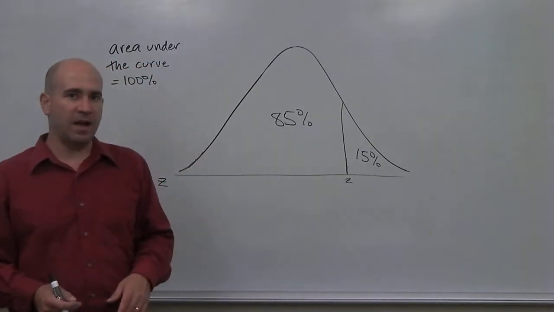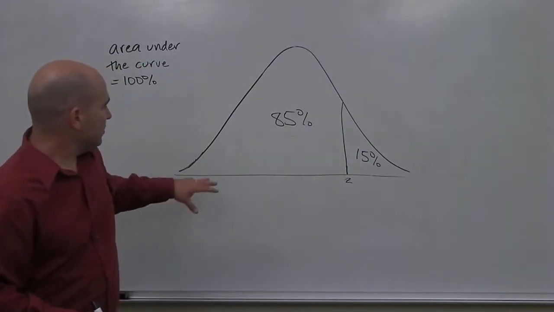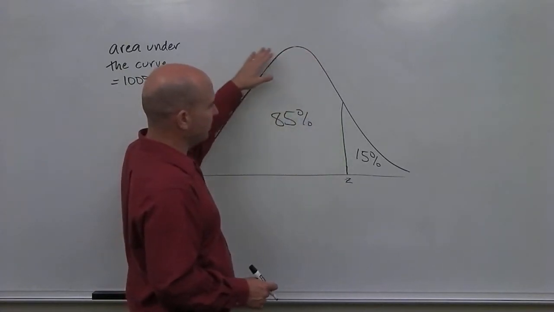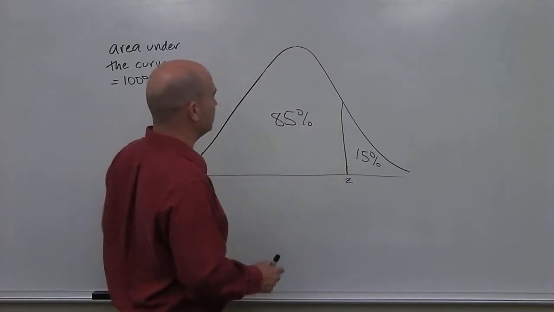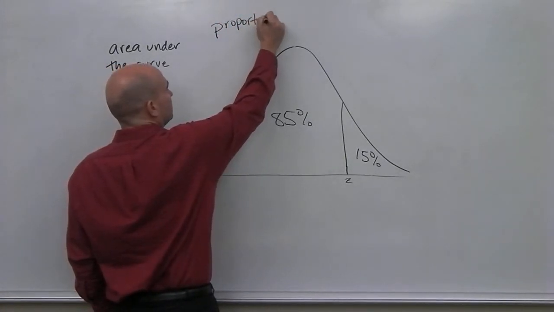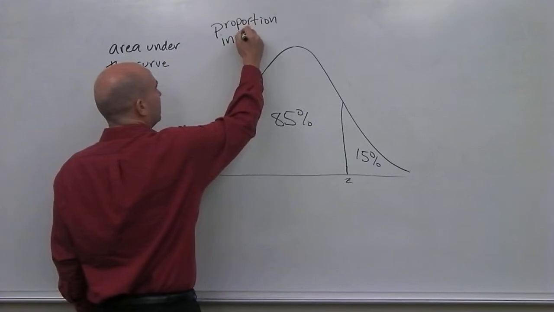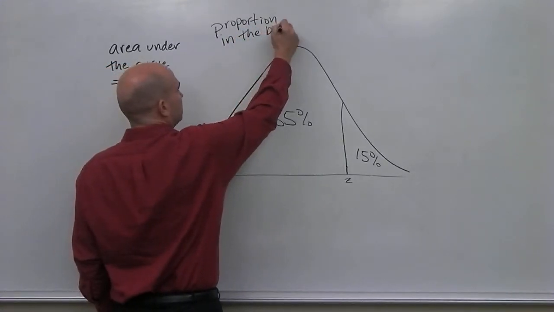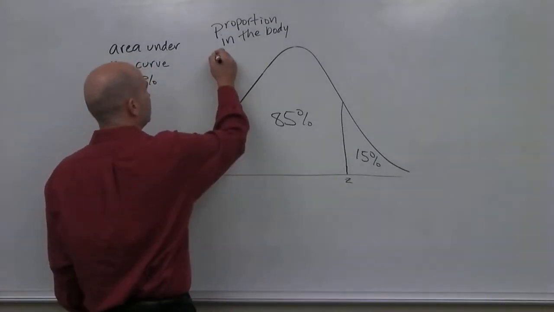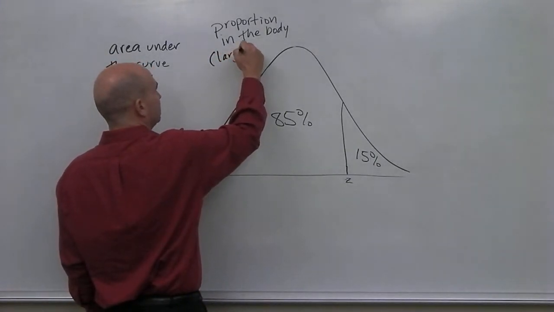Now, in your text, this area here, if you look in your z-table, would be referred to as the proportion in the body. Or you could think of it as the larger portion of the curve.